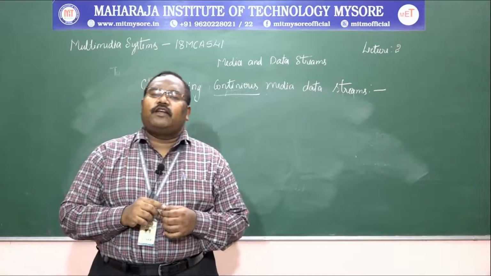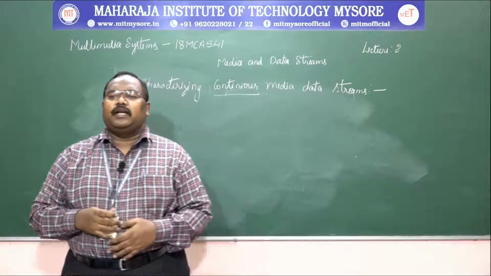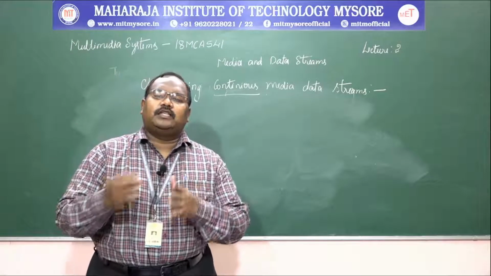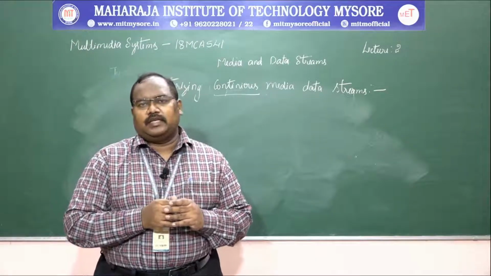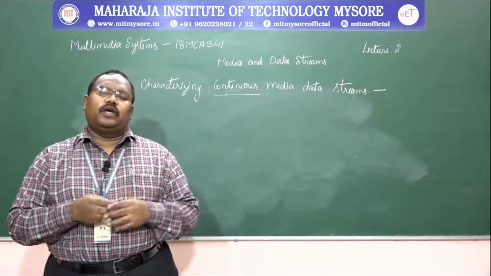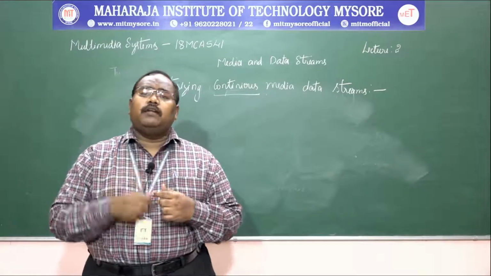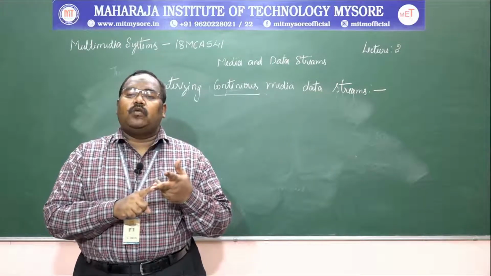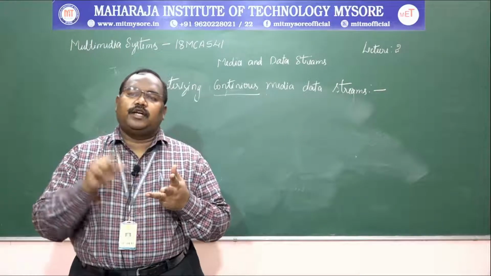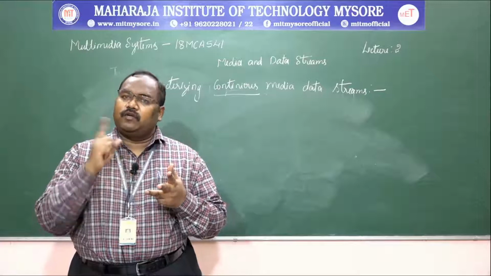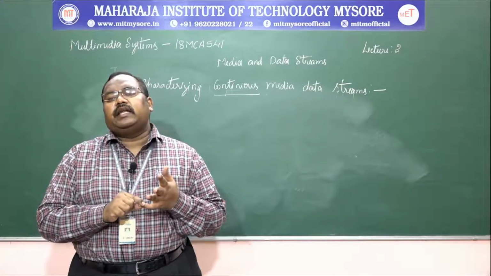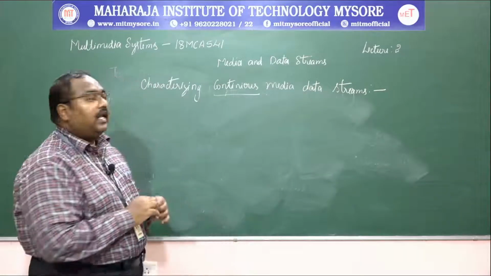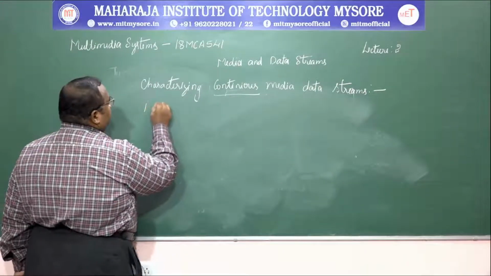The characteristics of data streams that occur in a multimedia system in relation to audio and video are studied here. We study three points. One is strongly and weakly periodic data streams, second is variation of data volumes in consecutive data packets or consecutive information units, and third is interrelationship of consecutive packets. The first one is strongly and weakly periodic data streams.